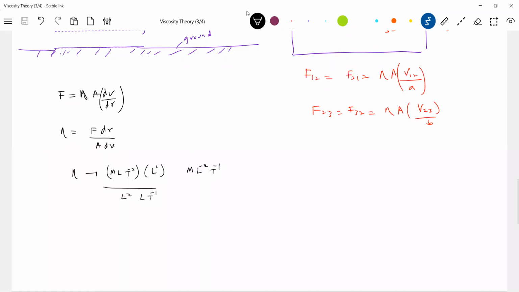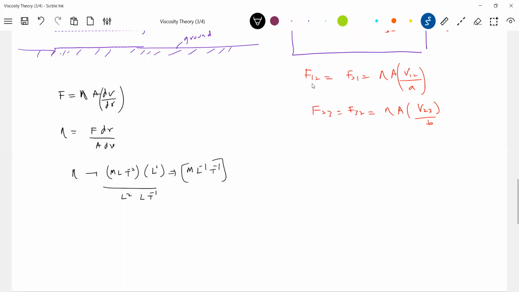Pascal per second? See, or we'll do one thing. Instead of doing all this, this will be the dimensional formula of the coefficient of viscosity, M L minus 1 T minus 1. Yeah.